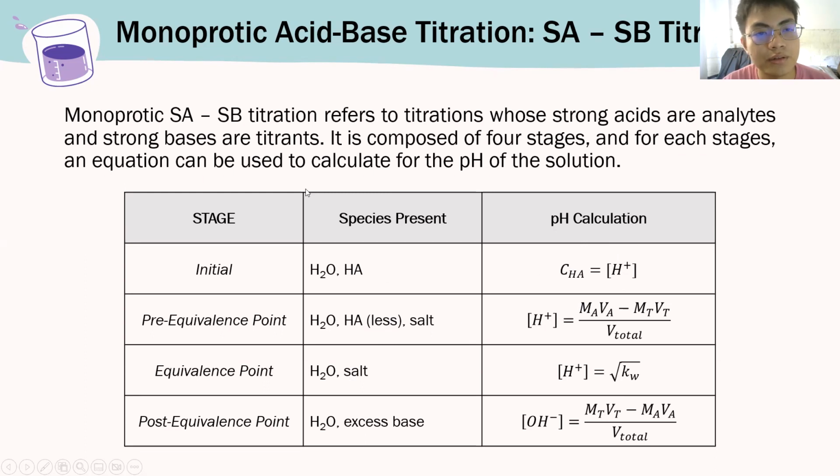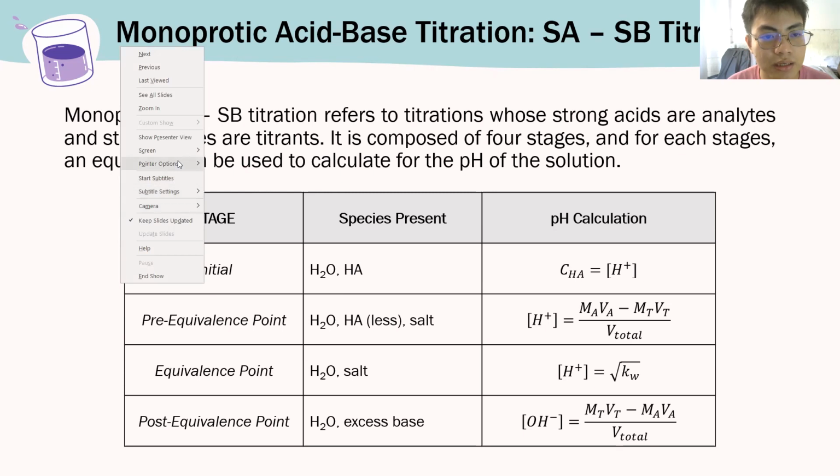Okay, so yan. So for strong acid, strong base titration, of course, you begin with the strong acid. So this will determine the pH of your solution. So that's why whatever the concentration of the acid is, yun yung ginagamit natin for the pH. Okay?